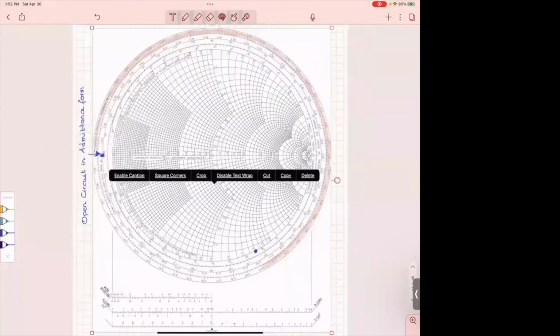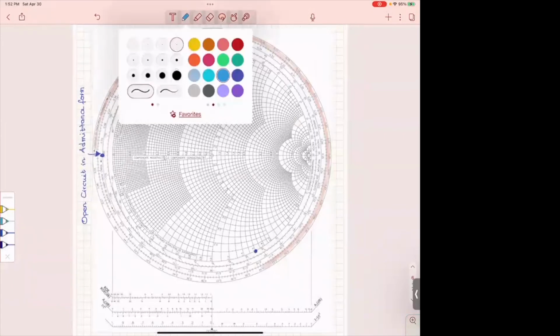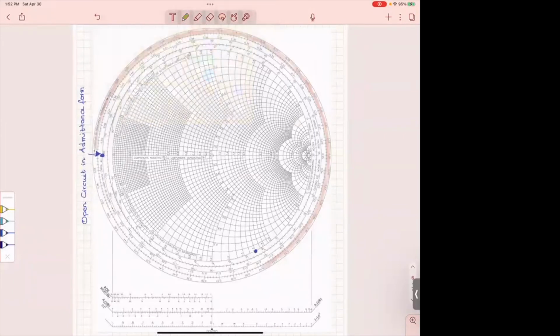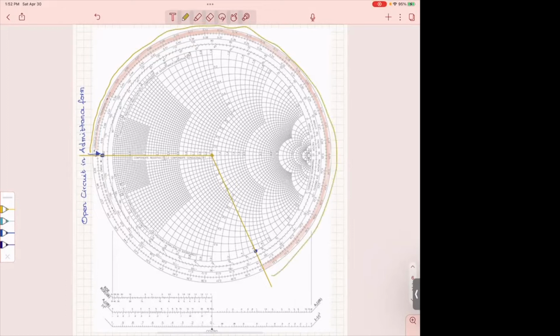And then we draw 2 lines, one that connects the center of the chart to here, and the other that connects the center of the chart to here. So practically, the length of the stub is from this point, all the way until we come to this point.